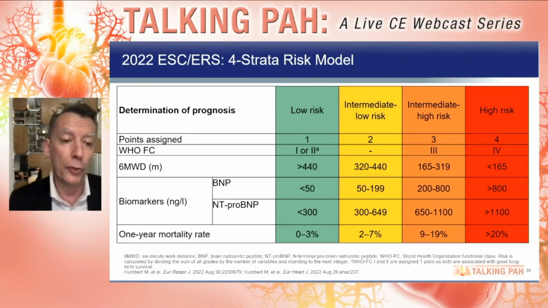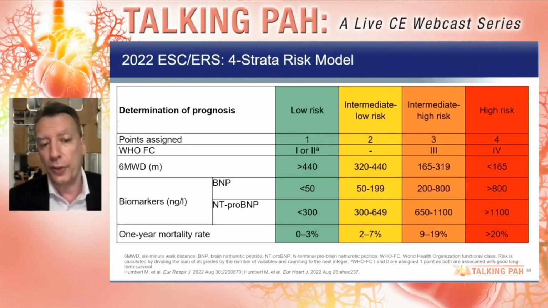And depending on the level of disability evaluated by these non-invasive markers, you can consider that the patient is low risk, and we consider that it is a goal of therapy, or intermediate low, intermediate high, or high risk.